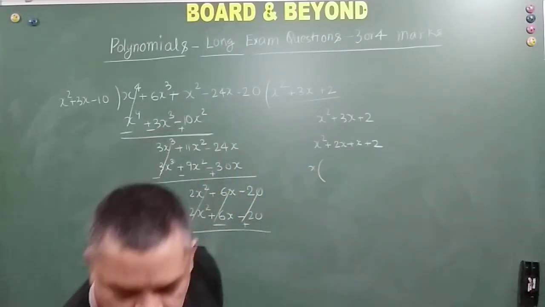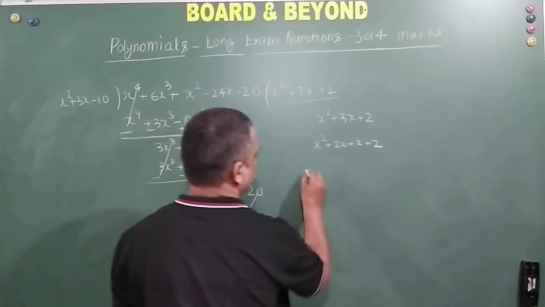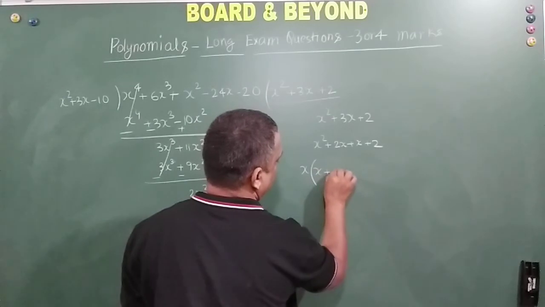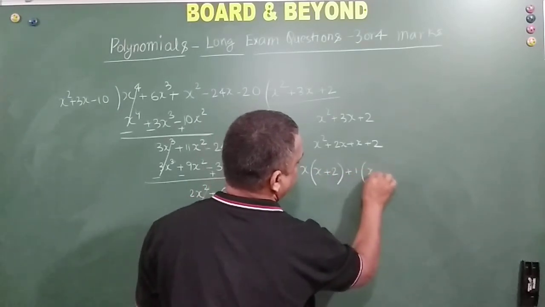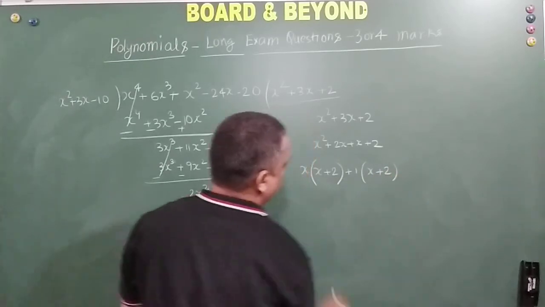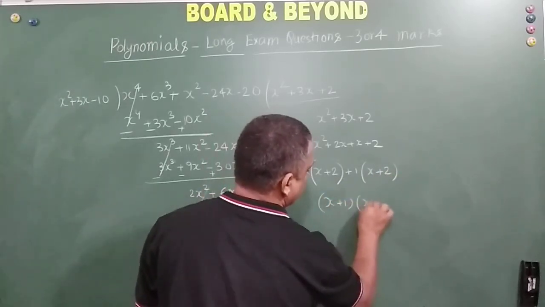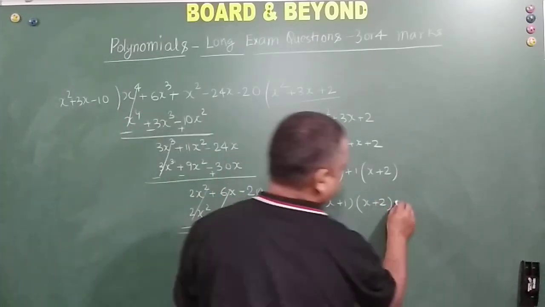Let me write slightly bigger here. So this becomes x plus 2, right? And taking 1 common here, this becomes x plus 2. So x plus 1 and x plus 2. These are the other two factors, right?